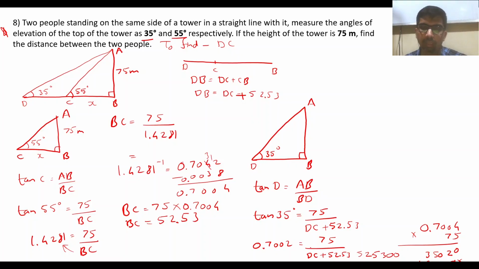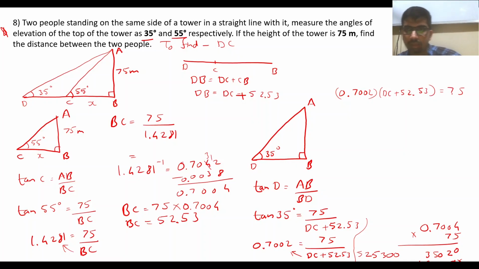I will do cross multiply over here. Yes, you have to cross multiply. You have to find the DC value. So this full thing will come over here. 0.7002 bracket DC plus 52.53 is 75. Now you have to open the bracket.